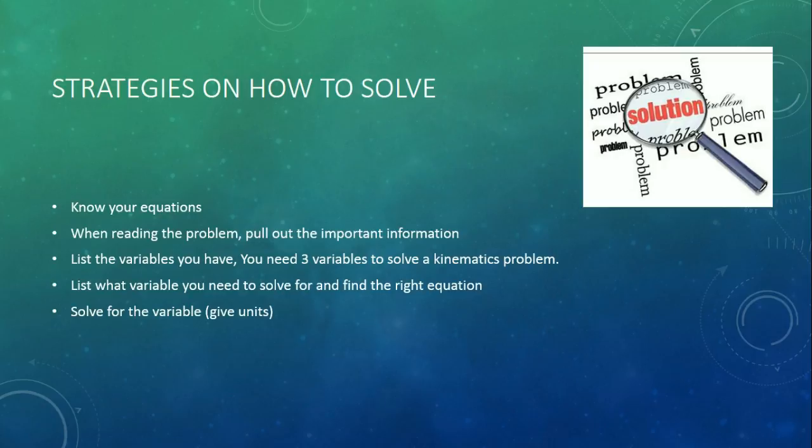Your teacher might often take off a point or two if you don't write units, and especially if you're taking the AP exam, it's important to impress the readers by writing what units your answer is in. Sometimes they might even take a point off for the unit. So just always write your units. It's a good habit to have.